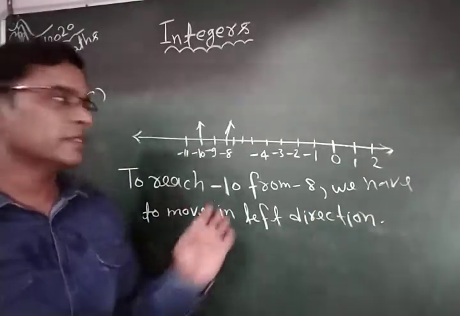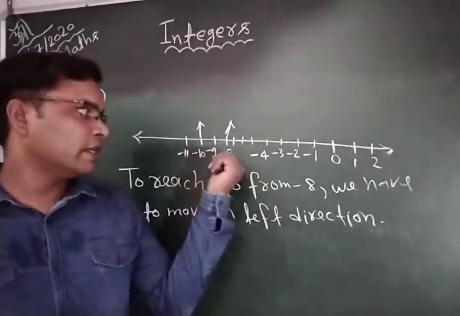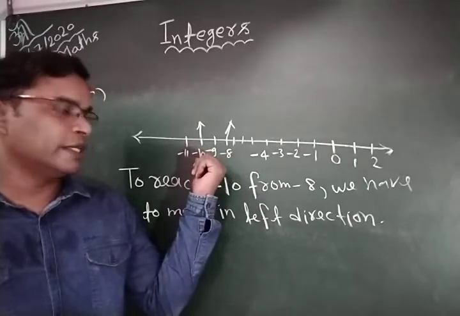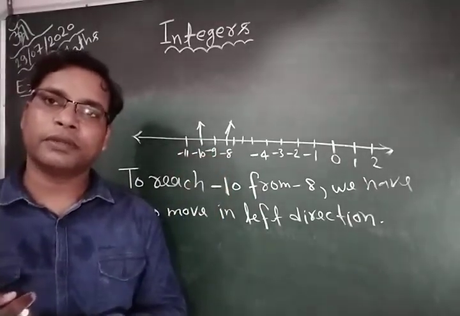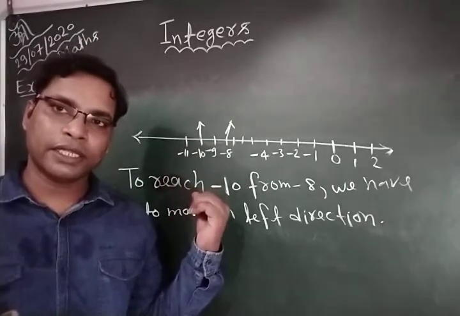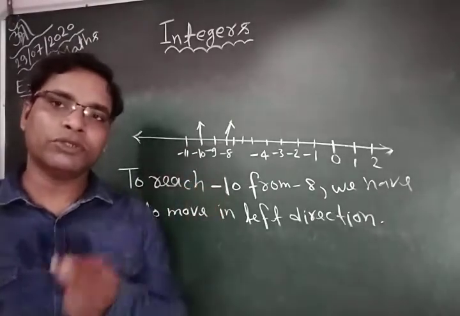Okay, this is the number line. You can see here -8 and here -10. We move from -8 to -10, so we move in the left direction. How many units? 2 units.